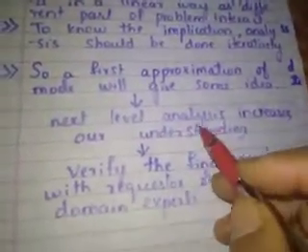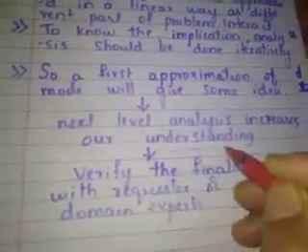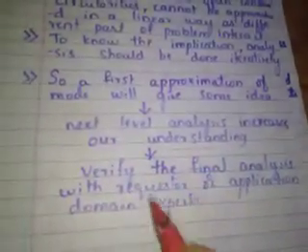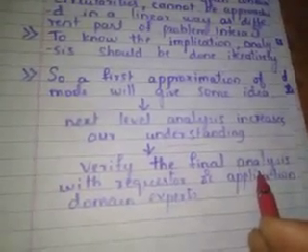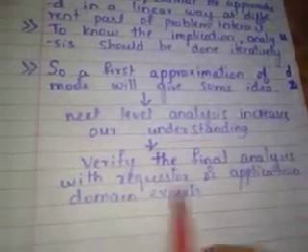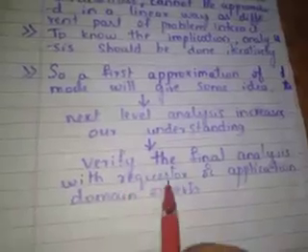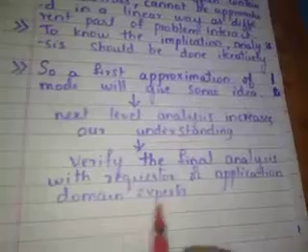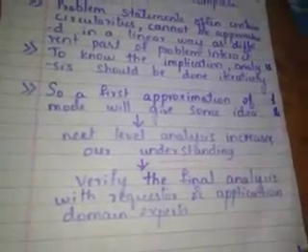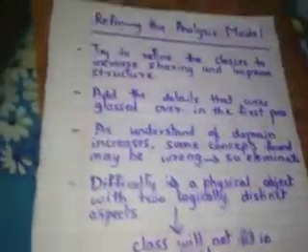In the second level of analysis, it increases our understanding, right? So like this, when we go on doing the iteration, we should verify and get the final analysis. But the final analysis, when you are publishing it, you should discuss it with the person who has generated the request, and also with the domain expert. You should talk to them and get their opinion.